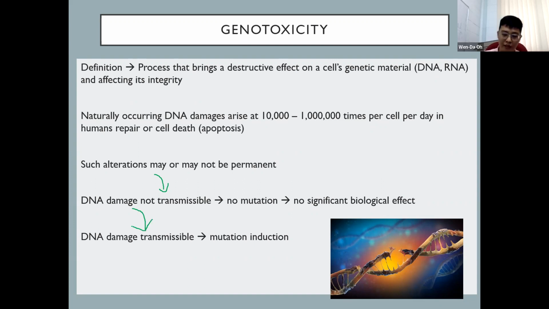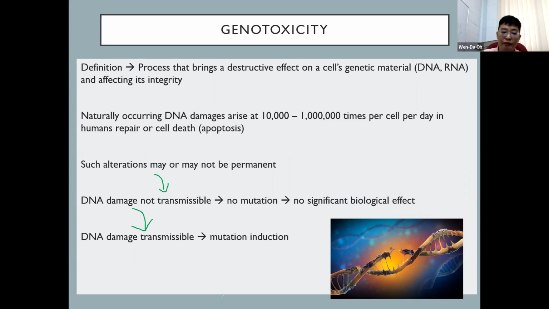Which means that particular damage leads to a mutation. So this is the mutagen. Genotoxin can be a mutagen. When you have transmittable DNA damage, the replication of the cell starts to produce the same damaged DNA, and you have a lot of damaged DNA.